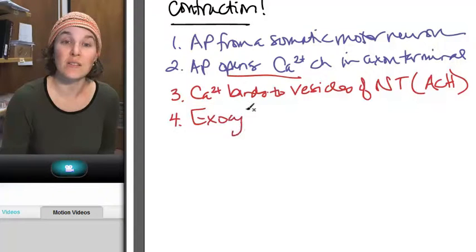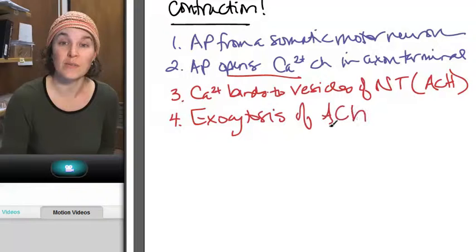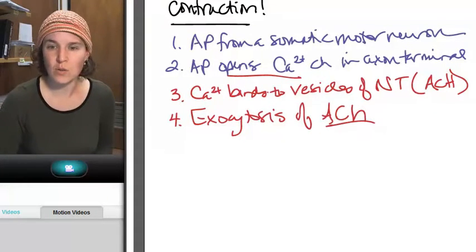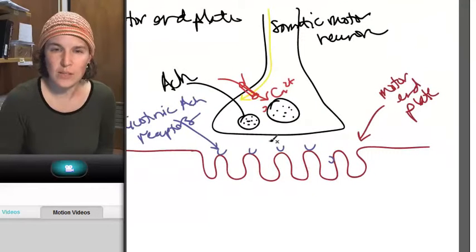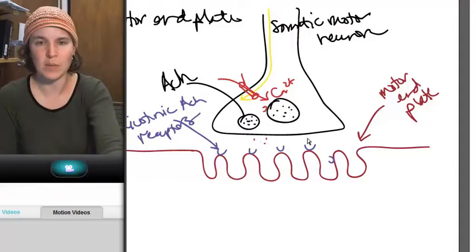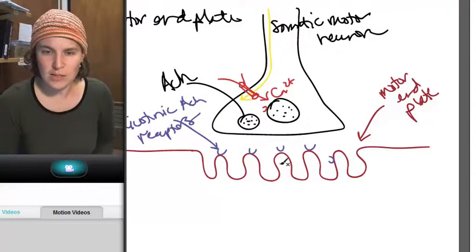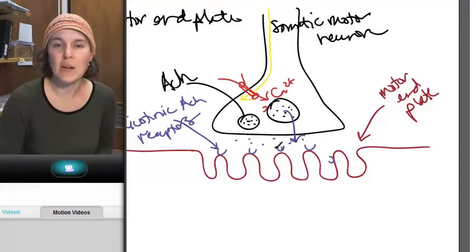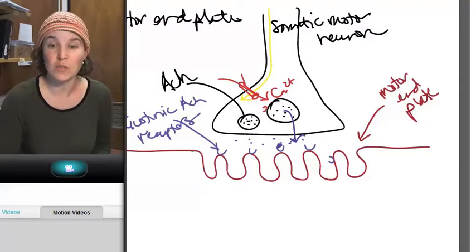Exocytosis of acetylcholine. And the exocytosis of acetylcholine is dumped into this space right here. Let's make it purple, or whatever color that is. So here comes the acetylcholine. It's dumped in. Now acetylcholine, of course, is going to bind to these acetylcholine receptors.